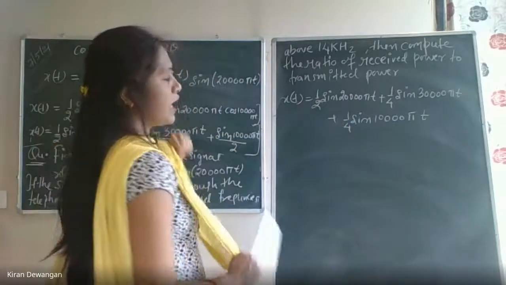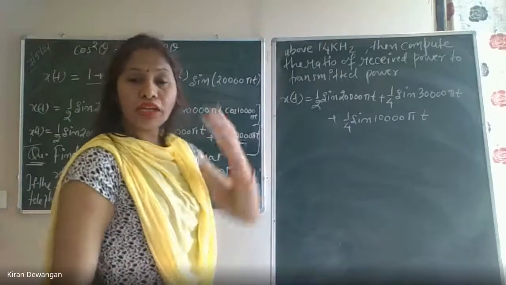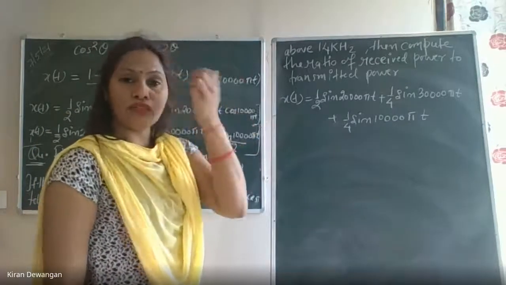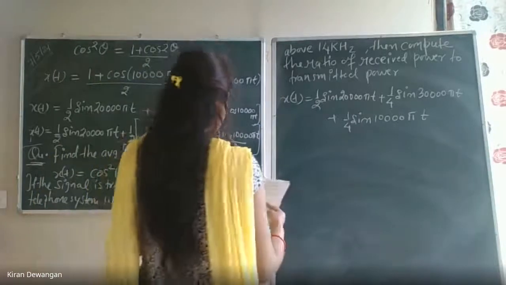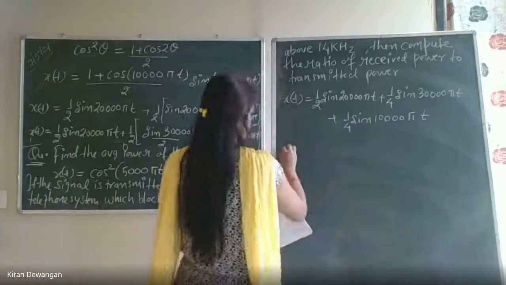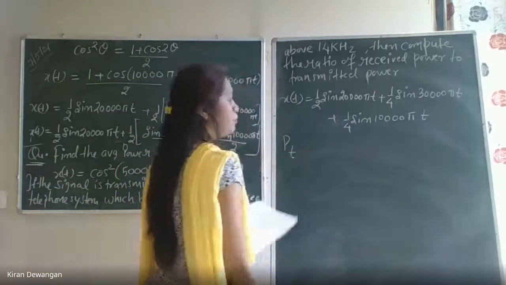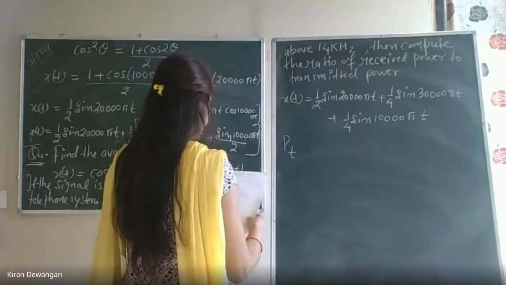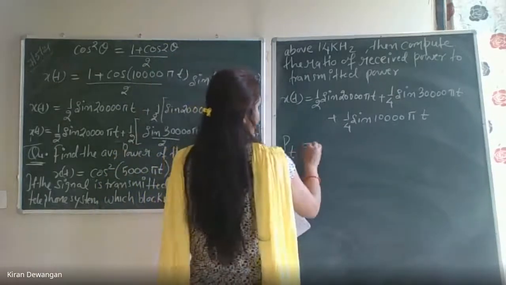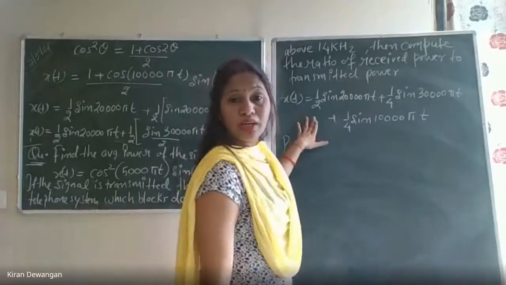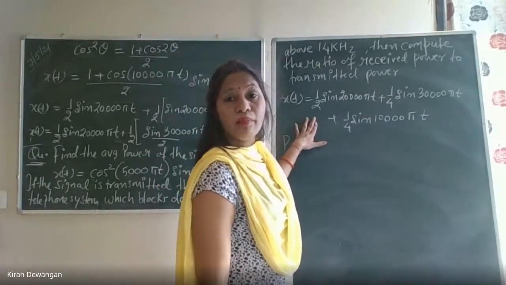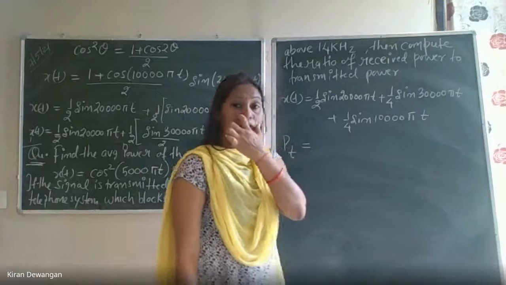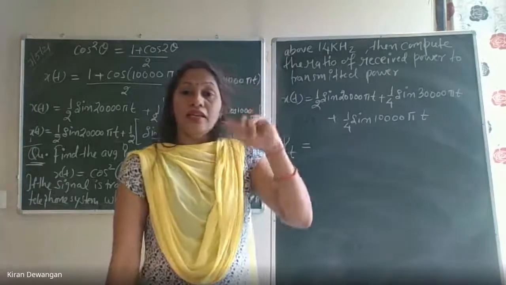Now I have to calculate the transmitted power, the mean average power for the transmitted power. So the transmitted power is represented by PT. Let it be PT. The average transmitted power we have already studied. What is it? It is a square by 2 that we have already calculated and studied in first unit.